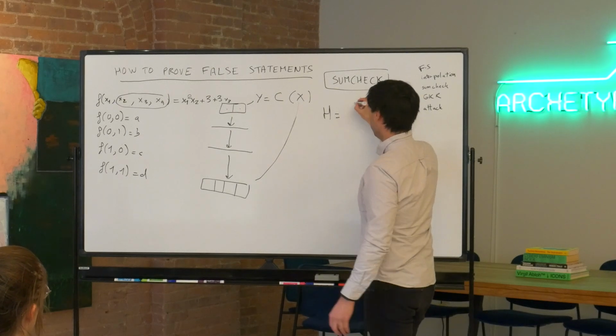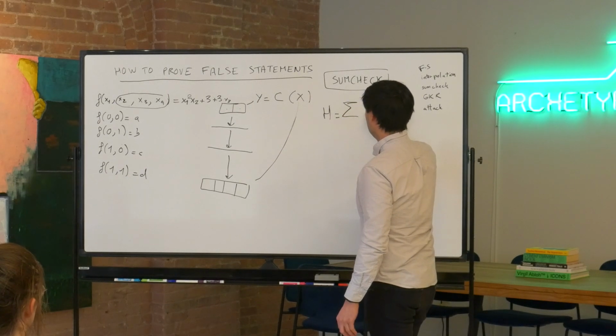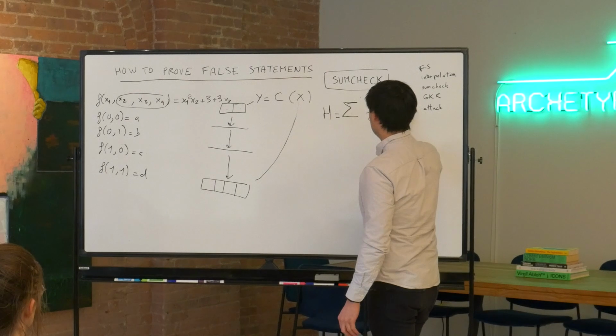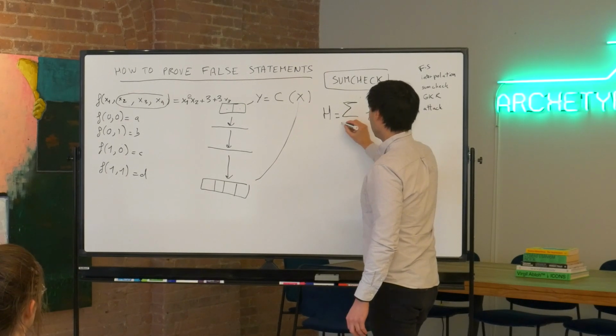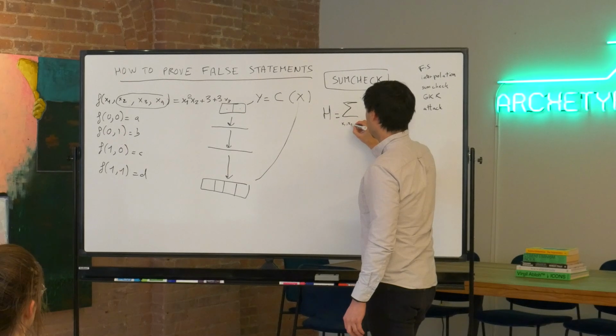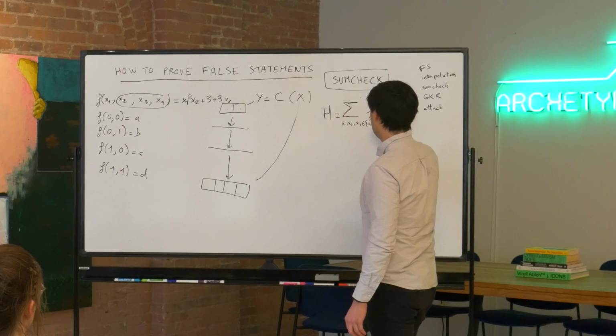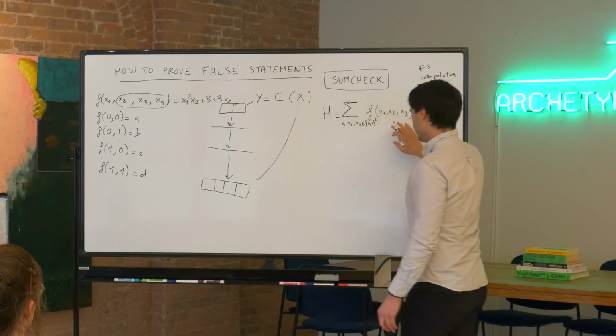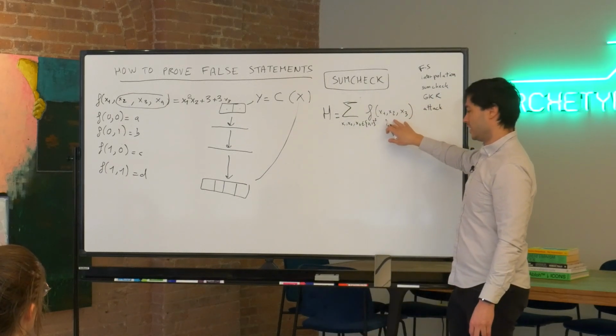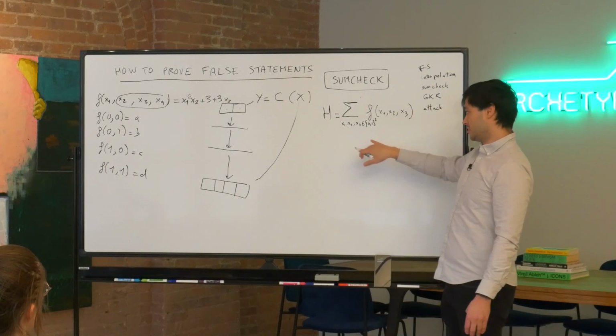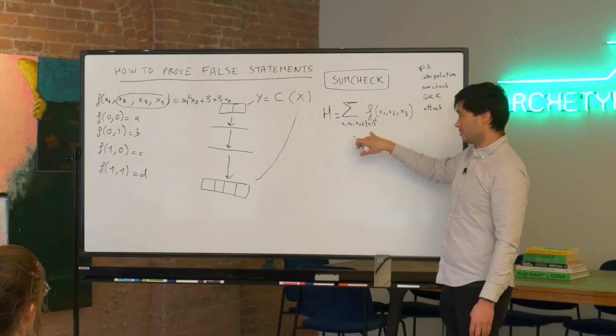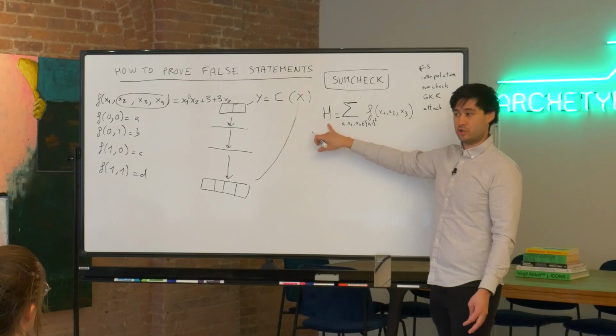So maybe let's take my polynomial f as example, maybe with fewer variables. And here I'm going to prove that, this is the fancy notation. Here I'm proving that the sum of that polynomial over what we've seen as the Boolean hypercube is equal to h, for a given h.